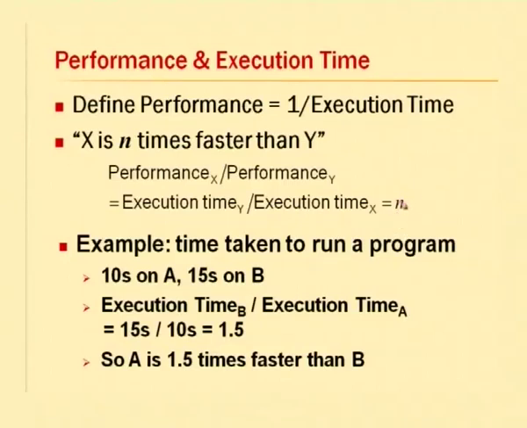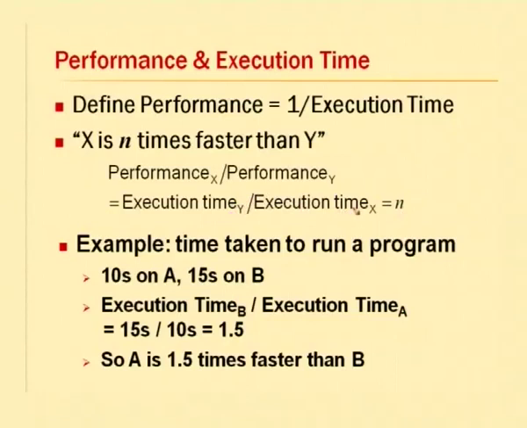So this value n is what we mean when we say that X is n times faster than Y. So execution time of Y divided by execution time of X will give you the value by which it is faster, which is normally referred to as speed up. We'll come to that a little later. So in general, because we have looked at performance as 1 over execution time, remember that when you say performance of X divided by performance of Y, you will get it as execution time of Y divided by execution time of X. That will give you the improvement in performance of X with respect to Y.